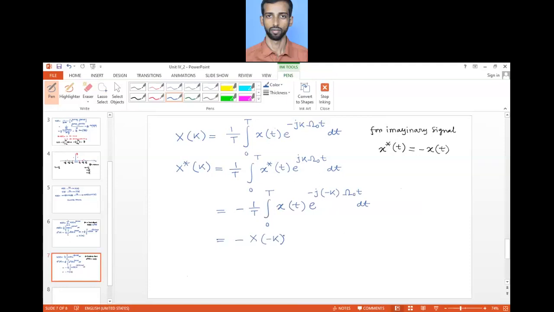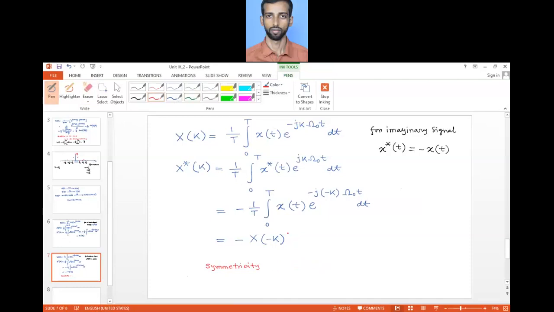So if you have a real signal, then x star k is equal to x of minus k, and if you have an imaginary signal, then x star k is equal to minus of x of minus k, and that together is known as the symmetricity property of Fourier series.